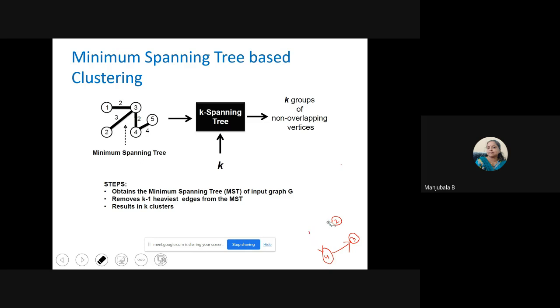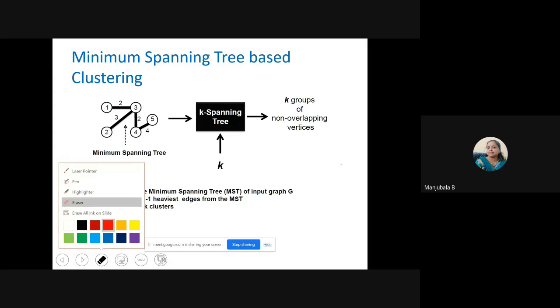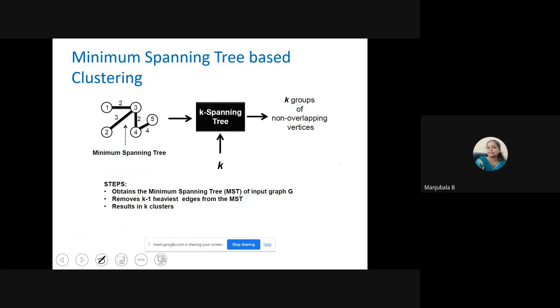How do we find the minimum spanning tree? You have studied this in data structures or algorithm analysis. There are two algorithms: Prim's algorithm and Kruskal's algorithm. These algorithms take a graph as input, and the output is the minimum spanning tree, MST.